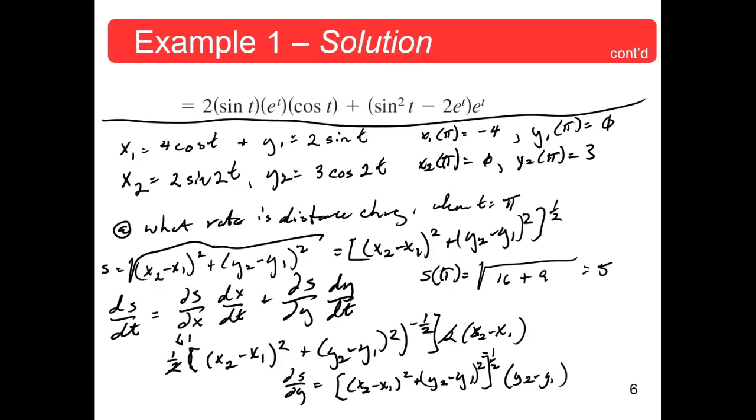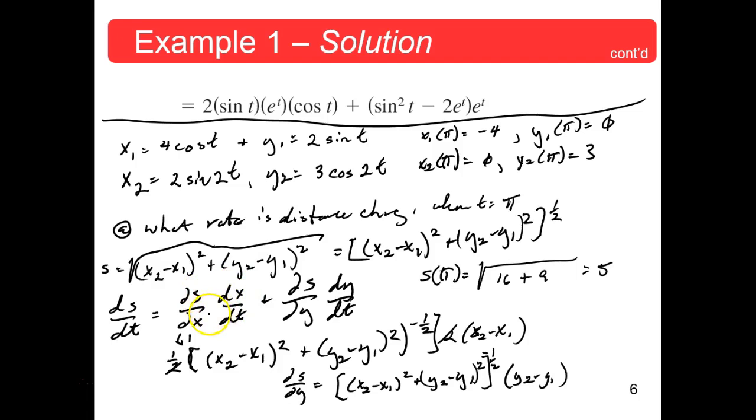Except the only thing... one other minor thing. Each of these is with respect to x, so you've got x sub 1 and x sub 2. When you're doing x sub 1, you introduce a minus sign because of the chain rule here. That part's still the same.